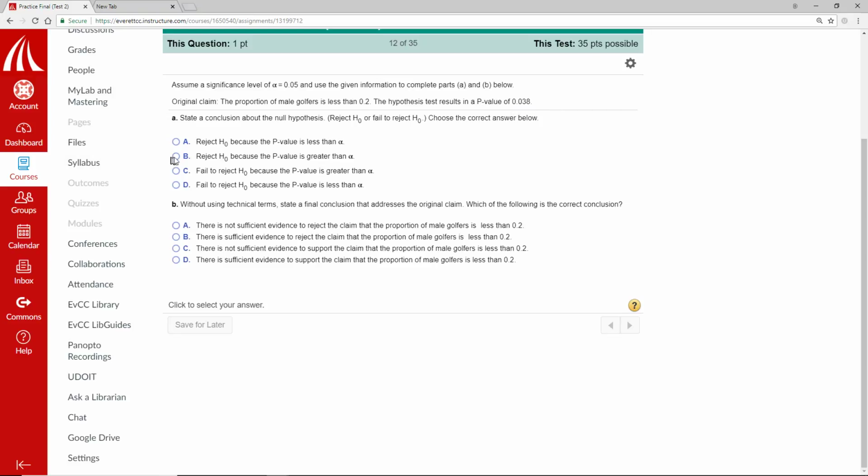We get to reject the null because the p-value is less. And now, without technical terms, state a conclusion. Well, there is sufficient evidence to reject the claim. No, we're not going to reject that claim. We're supporting the claim. So we'll say there is sufficient evidence to support the claim.